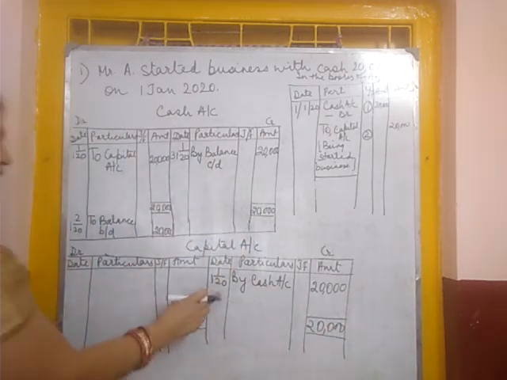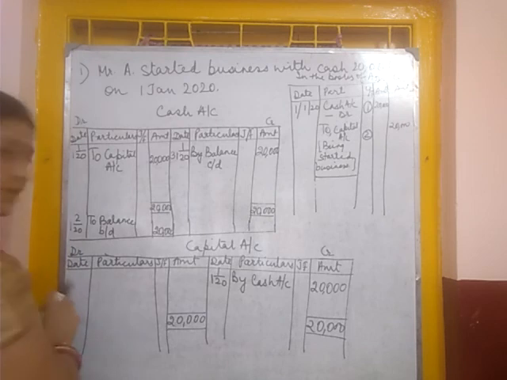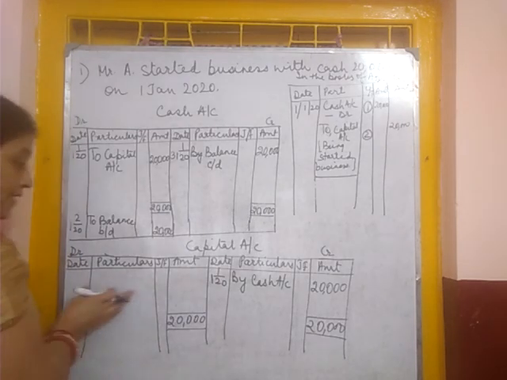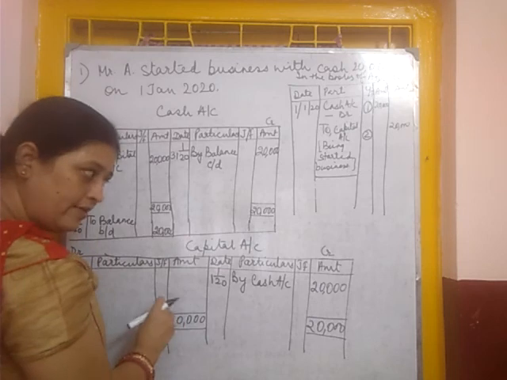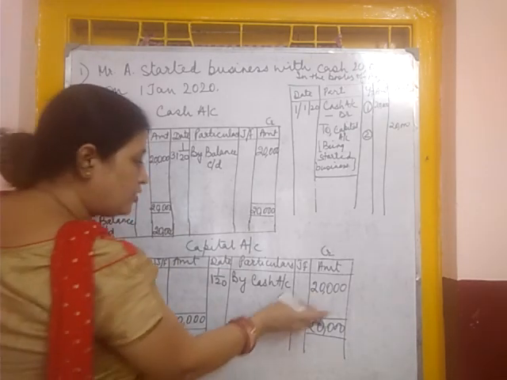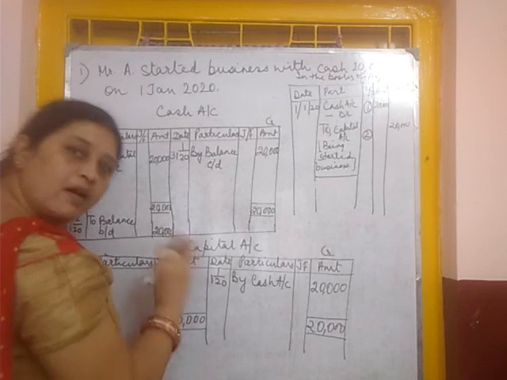Now since the amount is on the credit side, what will we do? We have to balance it. On this side, the amount is lagging from the credit side. So we have to make both the sides equal, debit as well as credit.